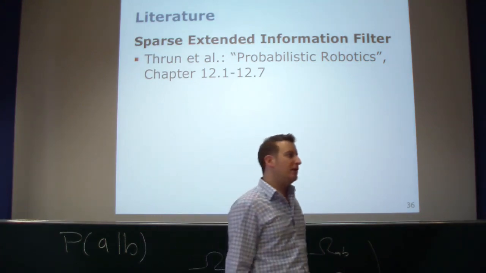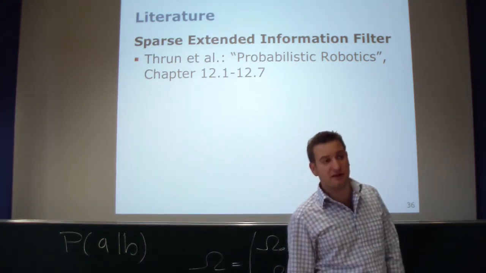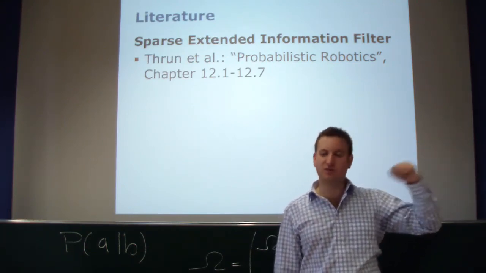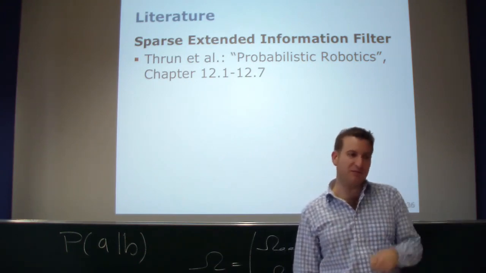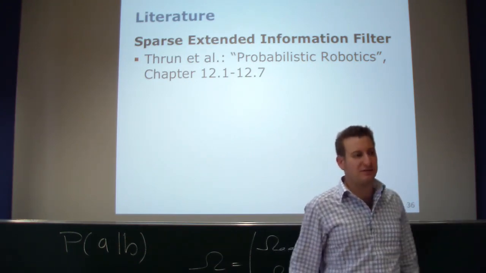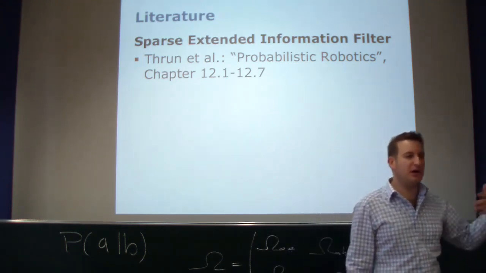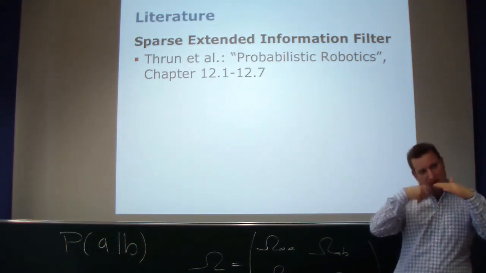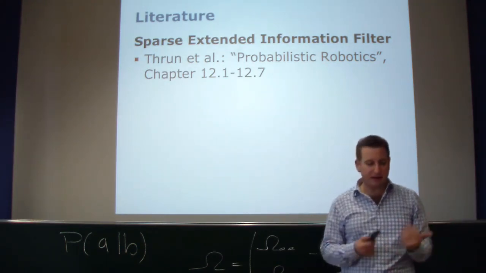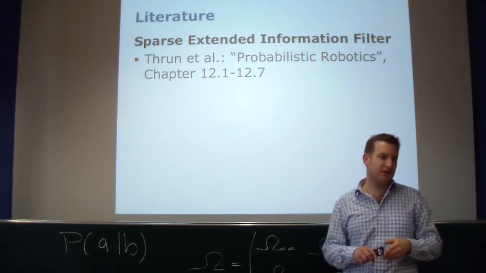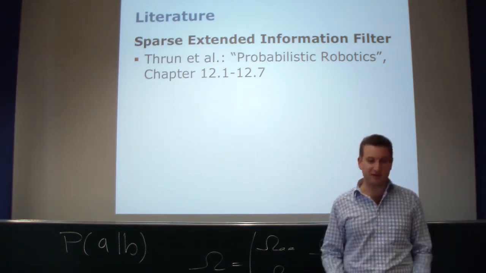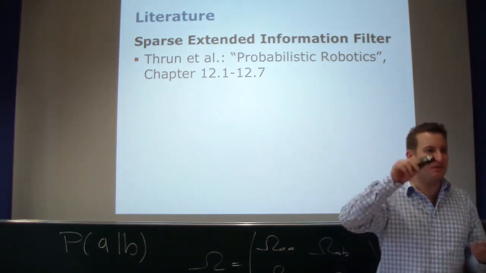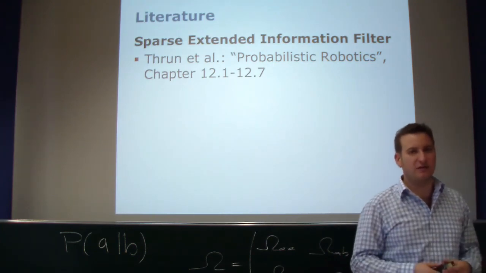If you say you have n landmarks you want to maintain as active ones and you get one single observation at a time, as soon as your active set is bigger than n, so n plus 1, you have to throw one out. That's what the algorithm tells you. Typically, how it's implemented is that you take all the observations at once and then in the update step iterate over them. But in the end, you need to define your active set. If you say it's 10, you have 10 landmarks in there, you get 10 new ones in, you have to throw the 10 old ones out. There's nothing you can do about that, unless you vary that number. But typically, this set is constant.